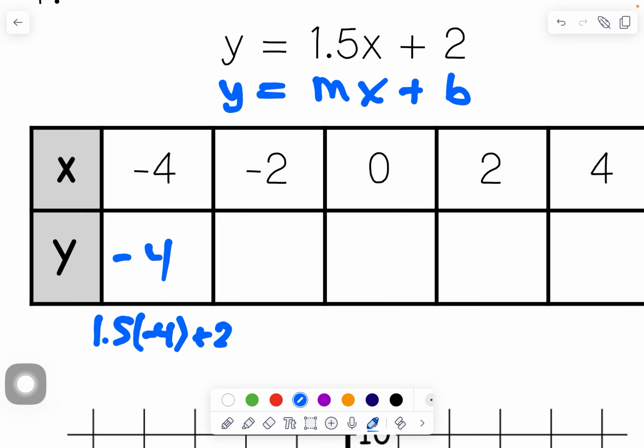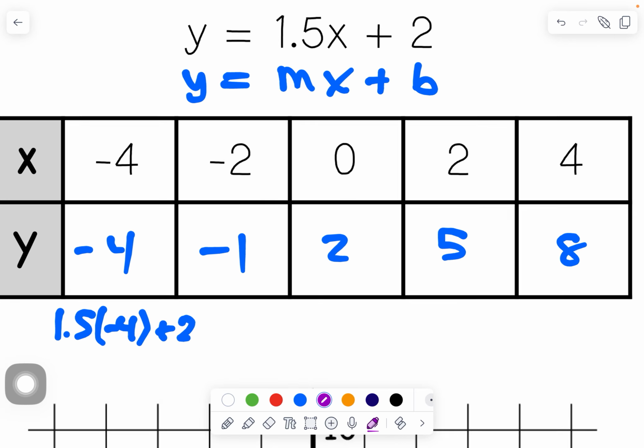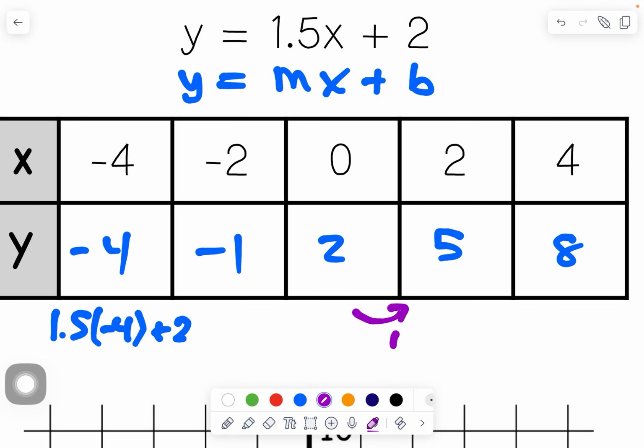Let's see here. -1, 2, 3.5, 5, and 8. Okay. So again, I'm looking at my table and noticing that it's increasing by 3 each time.